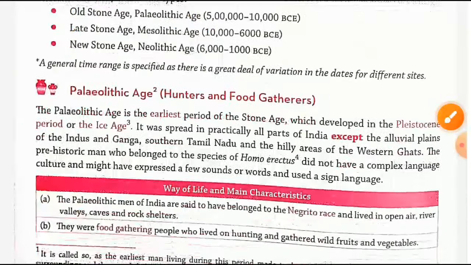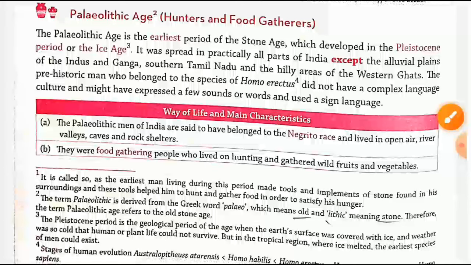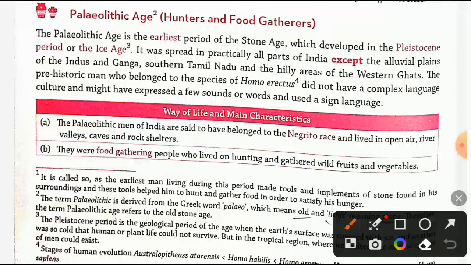Next is the Paleolithic age. This is also known as the age of hunters and food gatherers. Men used to be hunters and food gatherers only; they used to hunt and gather food. This is the earliest period of the Stone Age, which developed in the Pliocene period or the Ice Age. This is very important.